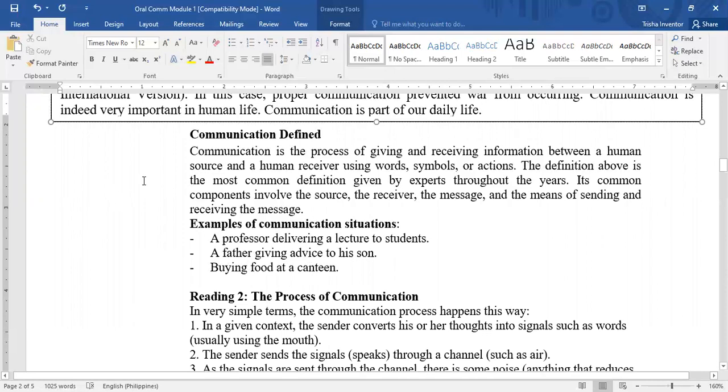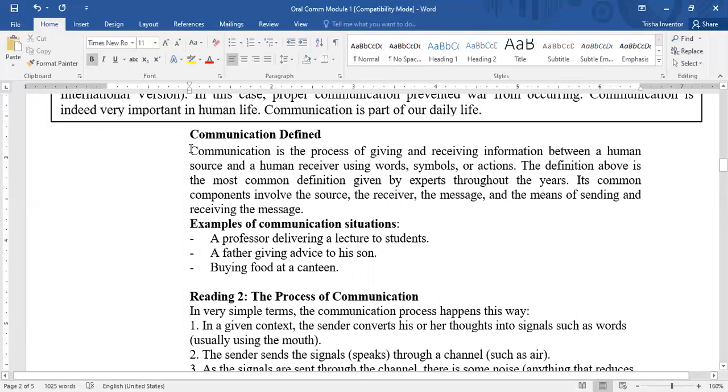Okay, so right now we are going to define communication. Communication is the process of giving and receiving information. When we say giving and receiving, me here as your teacher, I am giving you information. And you, as my students, you are receiving information from me, between a human source and a human receiver.